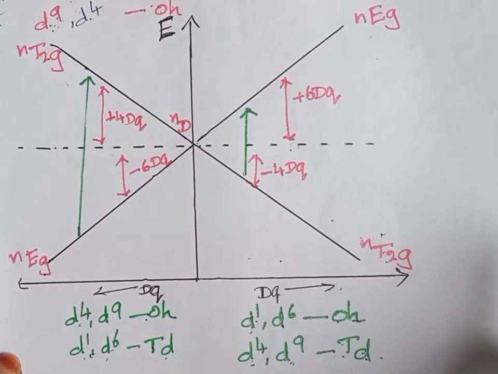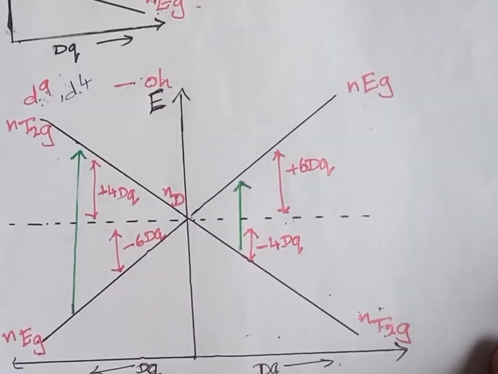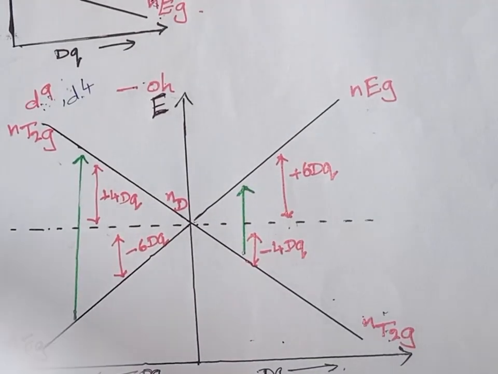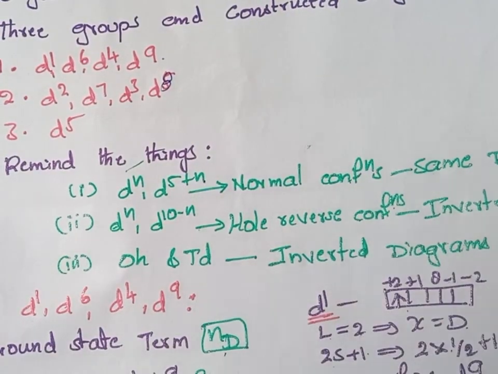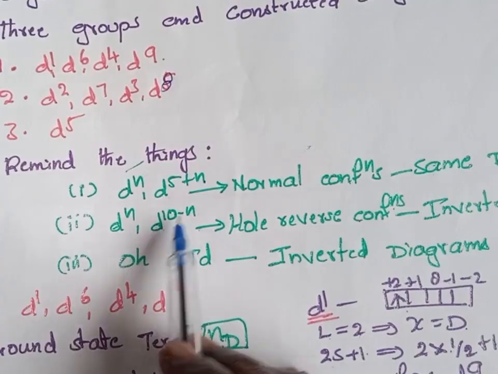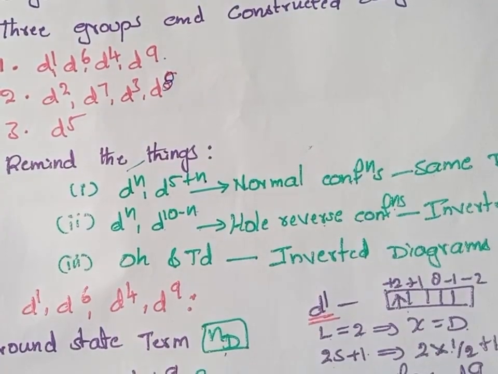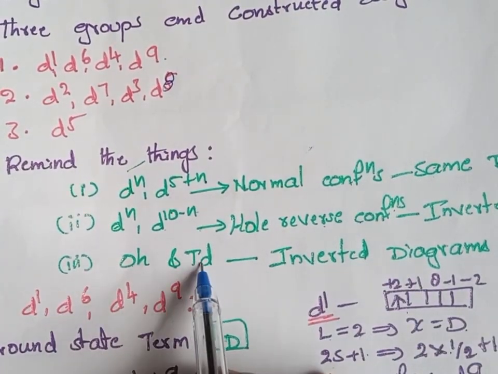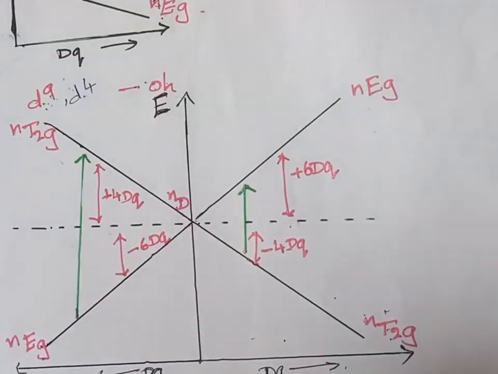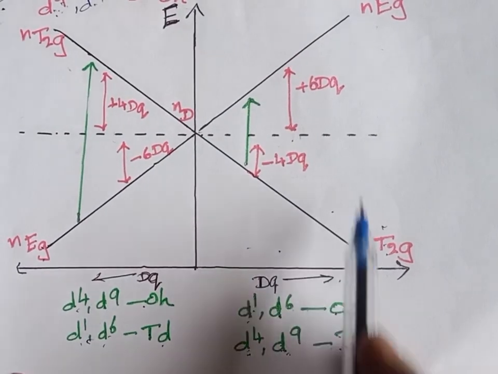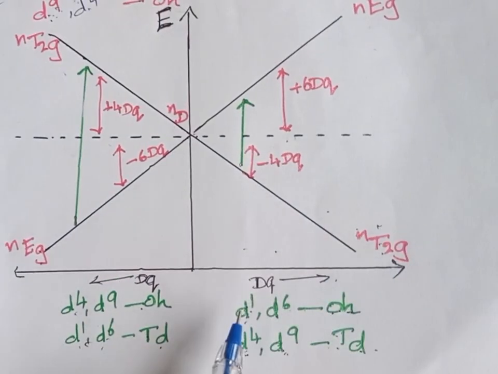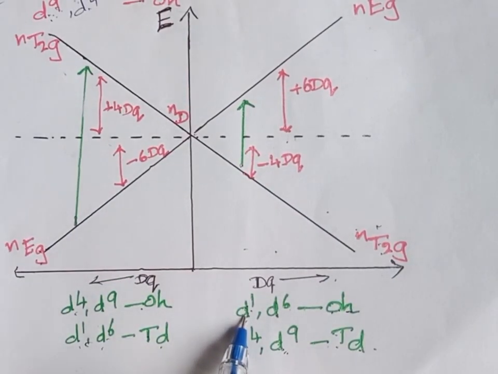So the possible transitions we can write from this diagram for 4 electronic systems of octahedral complexes as well as tetrahedral complexes. Here, 3 things to be noted: Dn and D5 plus n configurations, normal configurations, will have the same diagram. Dn and D10 minus n are whole reverse inverted diagrams, octahedral and tetrahedral inverted diagrams. So first, if we know the D1 configuration splitting, we can write all the diagrams according to D1's diagram.